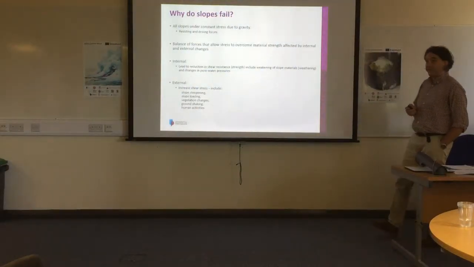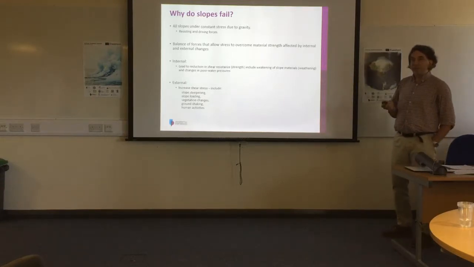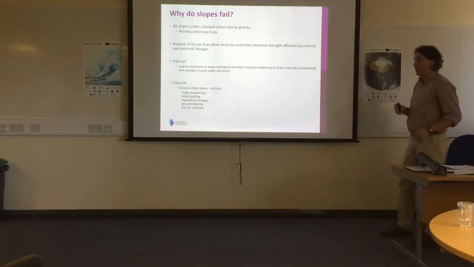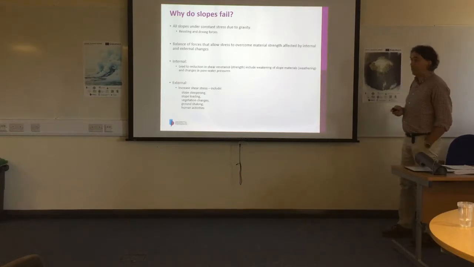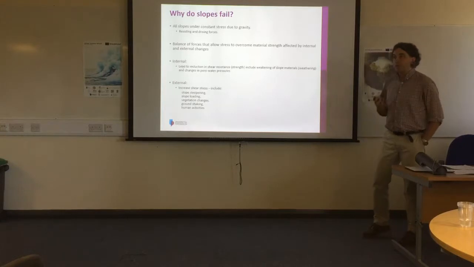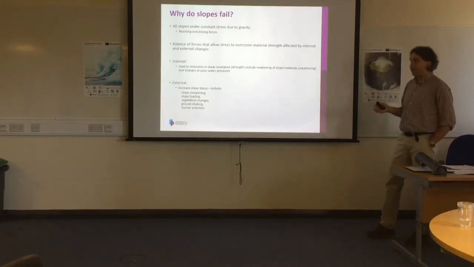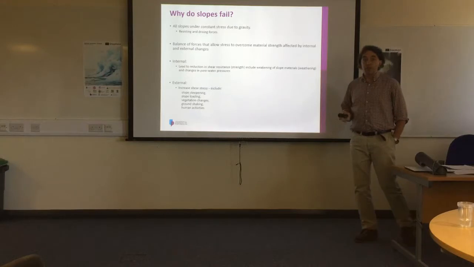So why do slopes fail? Slopes are under the influence of gravity at all times. So you have a driving force, gravity, which is trying to move the slope, and a resisting force, which is trying to keep the slope where it is, and that comes down to the slope strength.